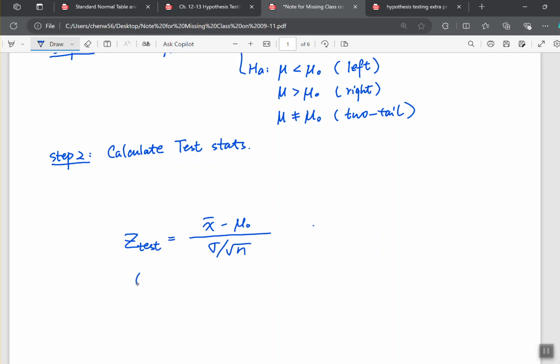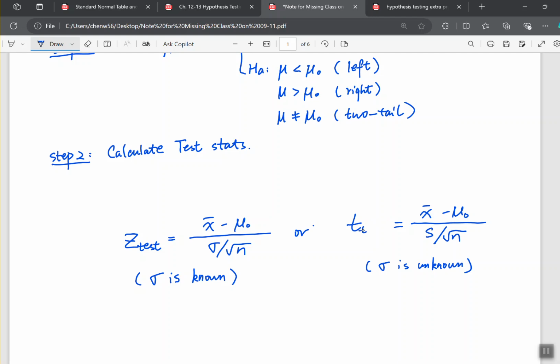And here we need to make sure that the population standard deviation sigma is given, or we know it. The other way, if we don't know the population standard deviation, then everything in the formula will be the same, but we replace sigma by the sample standard deviation s, and at the same time, we don't have the z-test statistic anymore. We'll have a t-test statistic.